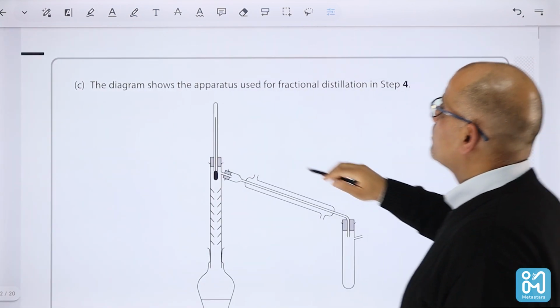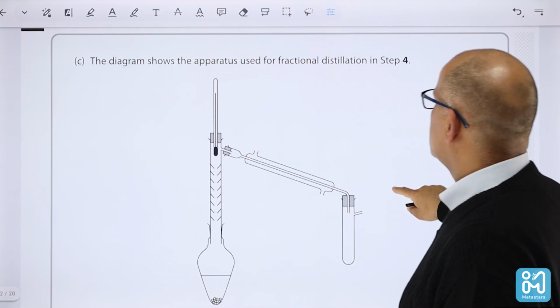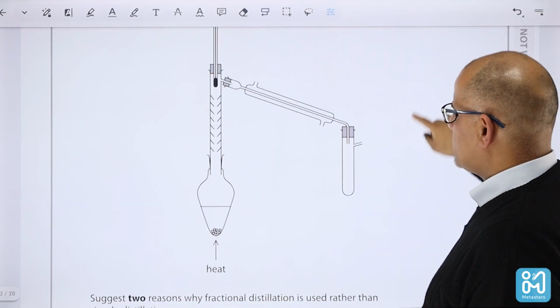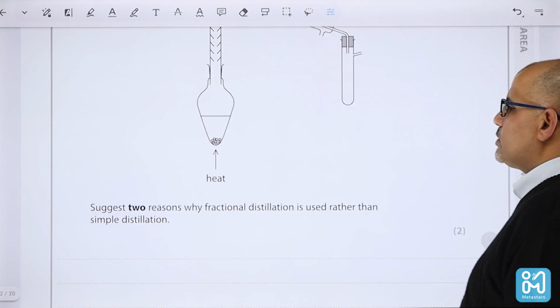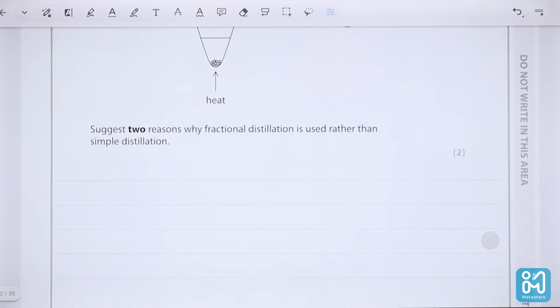Now, this diagram shows the apparatus used for the fractional distillation in step 4, and suggests the reasons why the fractional distillation is used rather than the simple distillation.